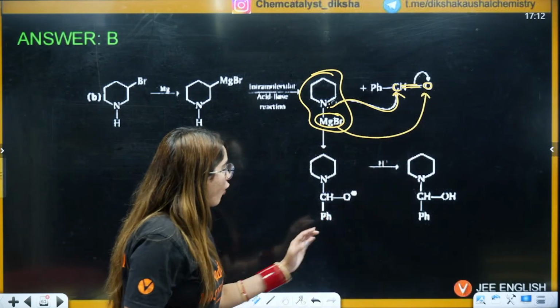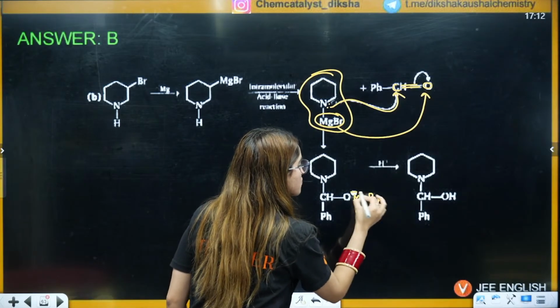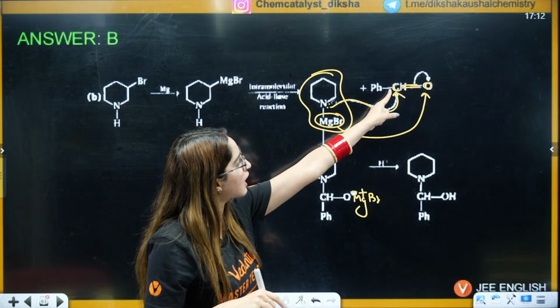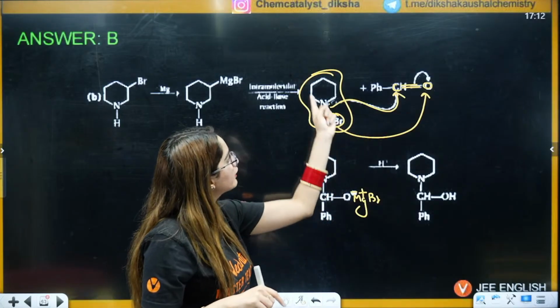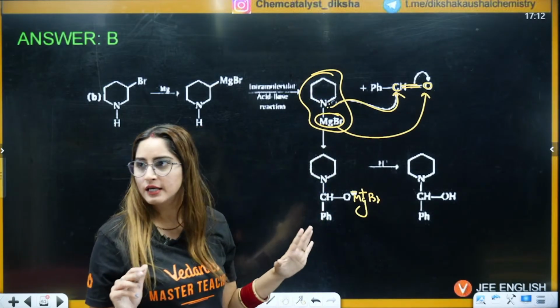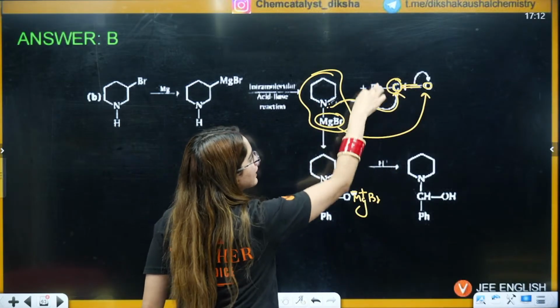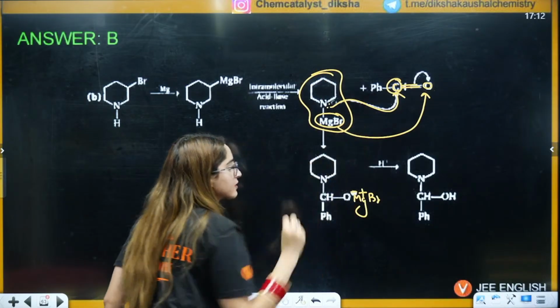So it will be O negative, this will be MgBr, this is positive, and here this N will be attached to this carbon. So this carbon will have one Ph and one nitrogen with this ring. Got it? This carbon will have this Ph already attached here, and this whole ring will be attached to this carbon, that is this thing.